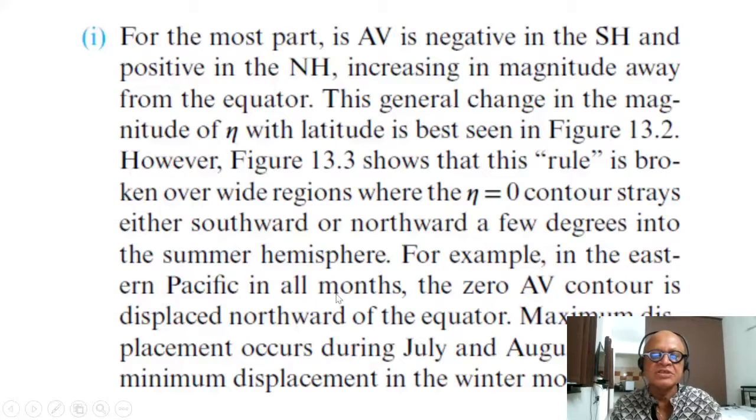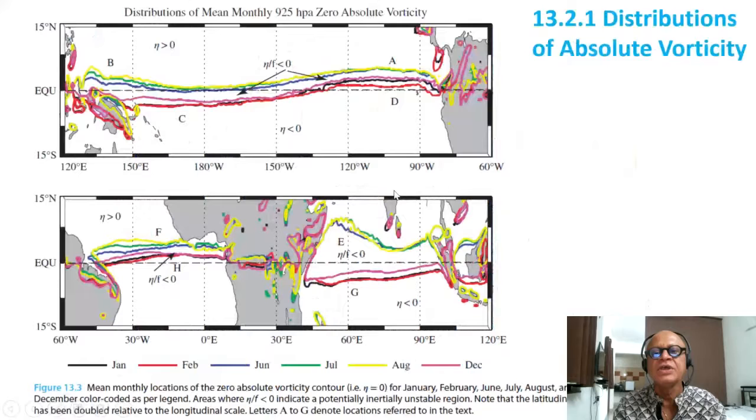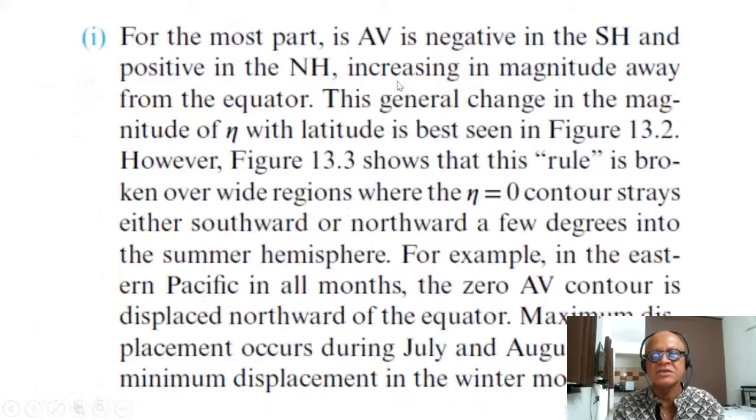For example, in the eastern Pacific in all months, the 0 AV contour is displaced northward of the equator. So here the ITCZ remains north of the equator throughout the year, as we saw. Okay. Maximum displacement occurs during July, August, and minimum displacement in the winter months.